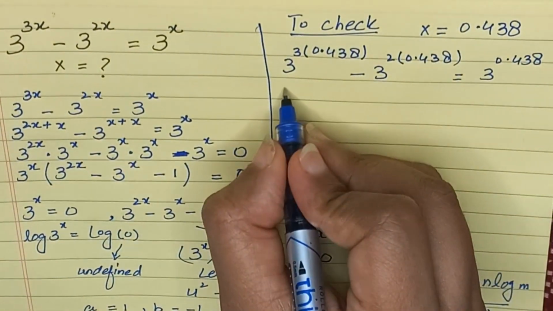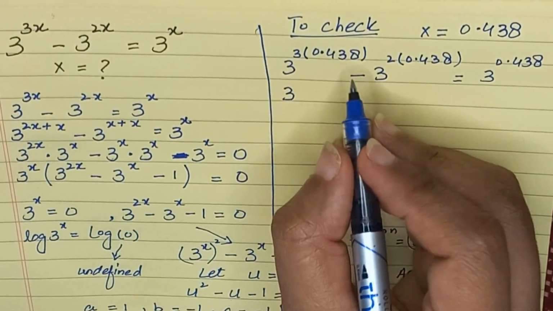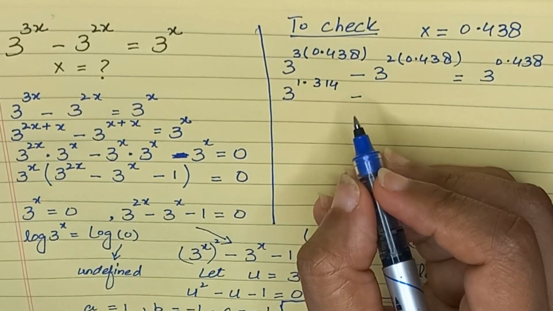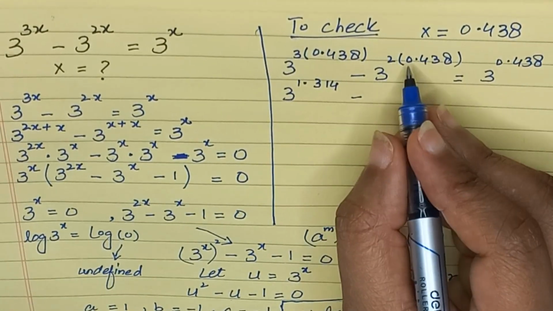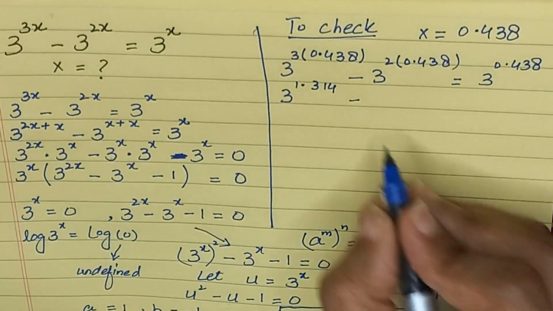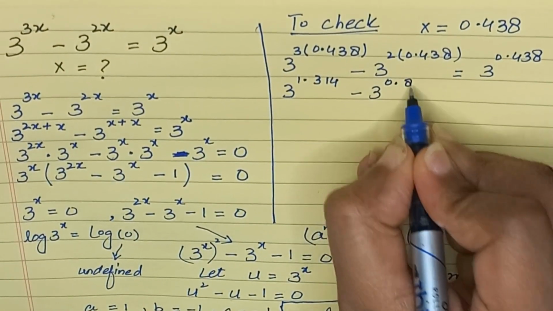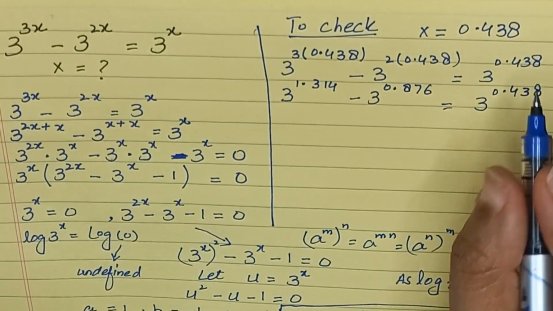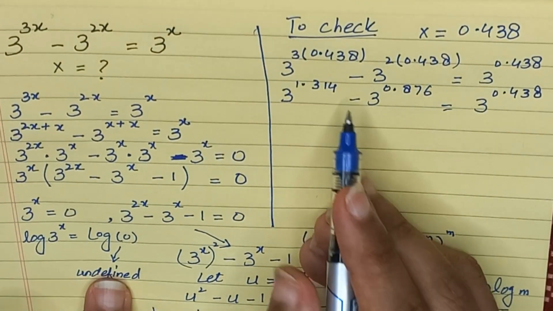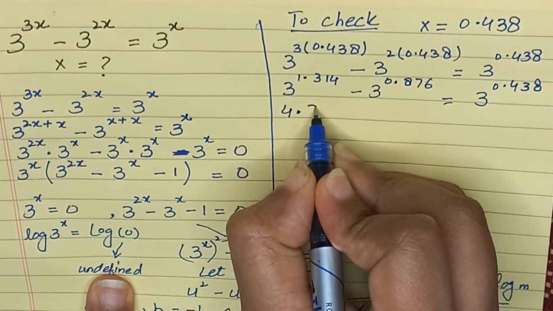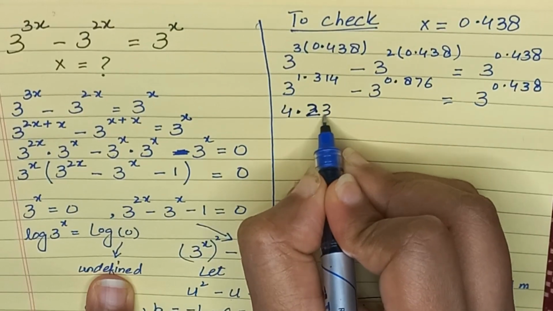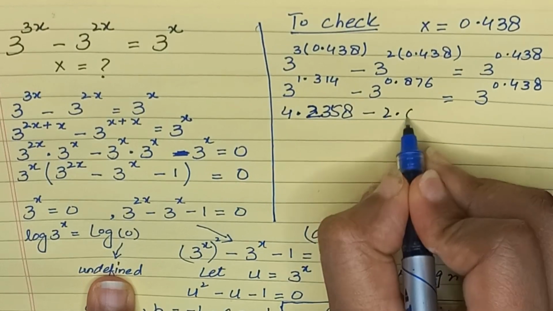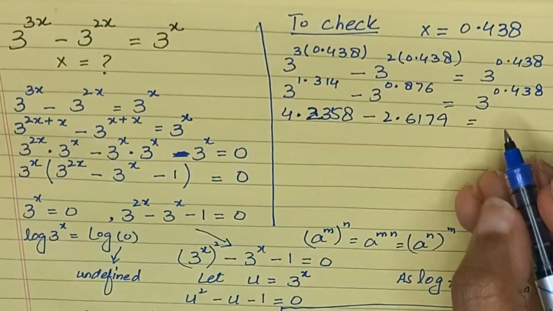So 3 raised to the power 3 multiplied by this value, it will become 1.314, minus 3 raised to the power 0.876, which is equal to 3 raised to the power 0.438. So it will become 3 raised to the power 1.314, which is equal to 4.2358, minus 3 raised to the power 0.876, which is equal to 2.6179.